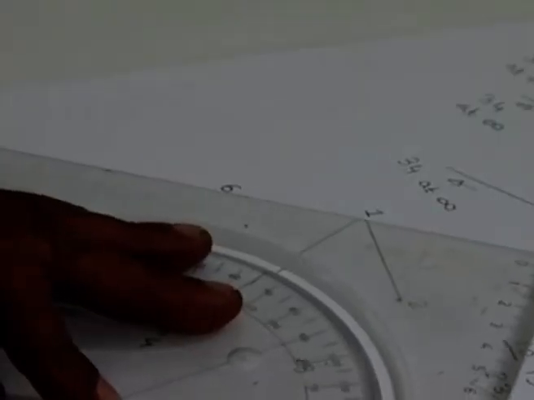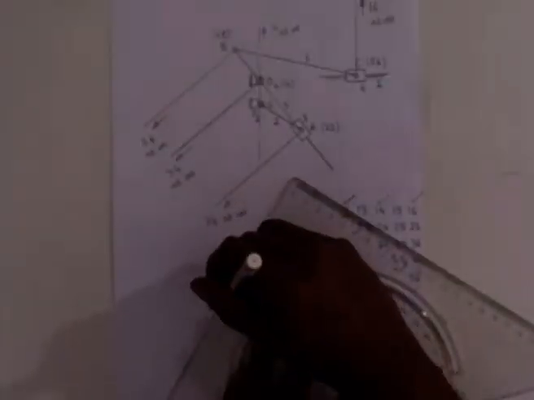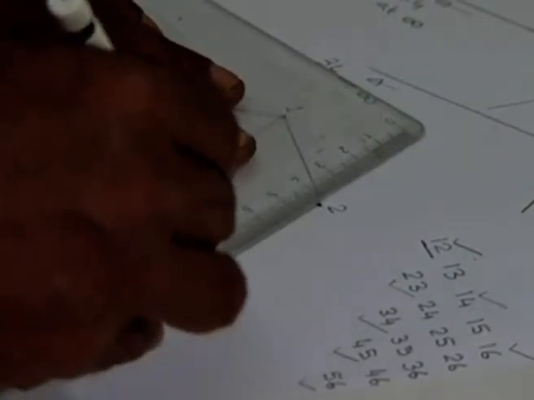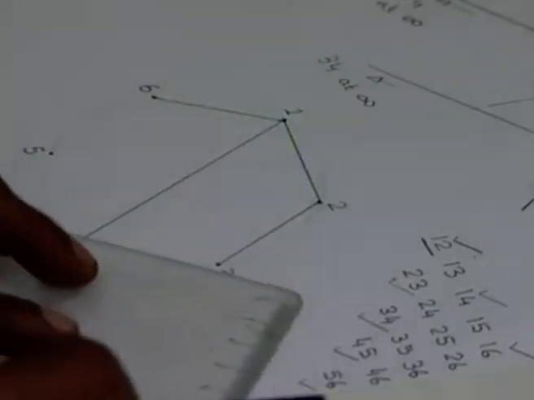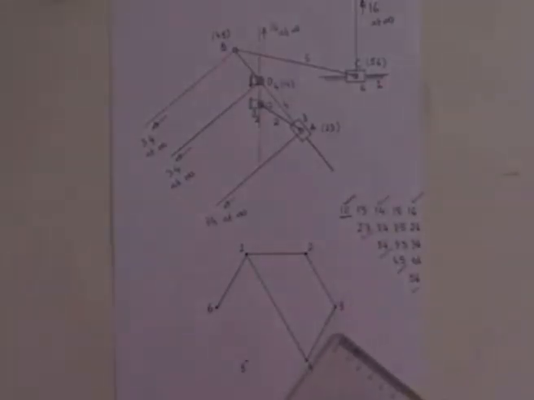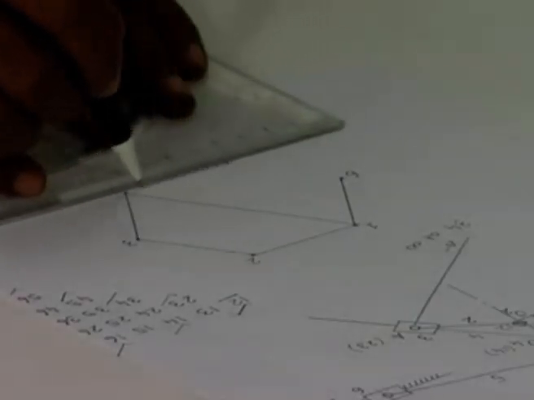I have determined 1, 6, so I join 1 and 6. 2, 3, so I join 2, 3. 3, 4, so I join 3, 4. 4, 5, and 5, 6.